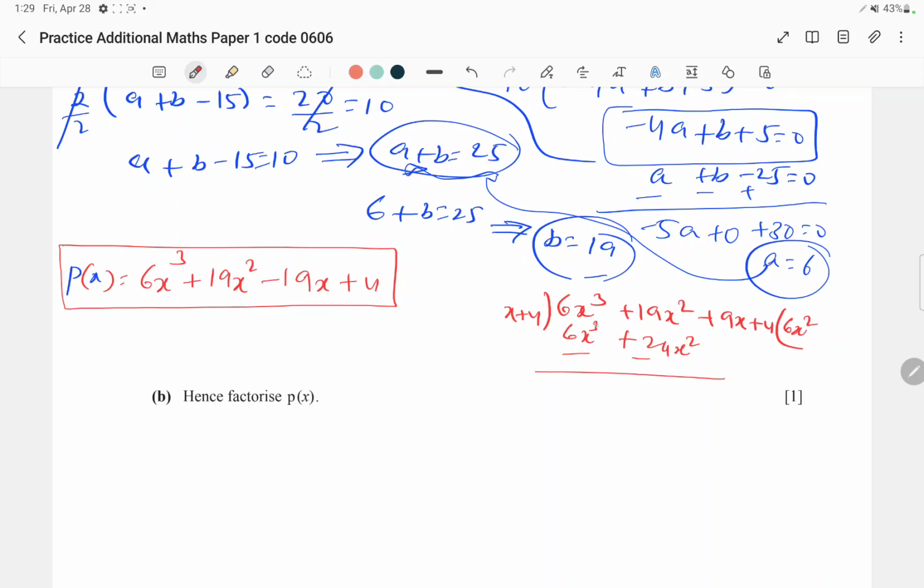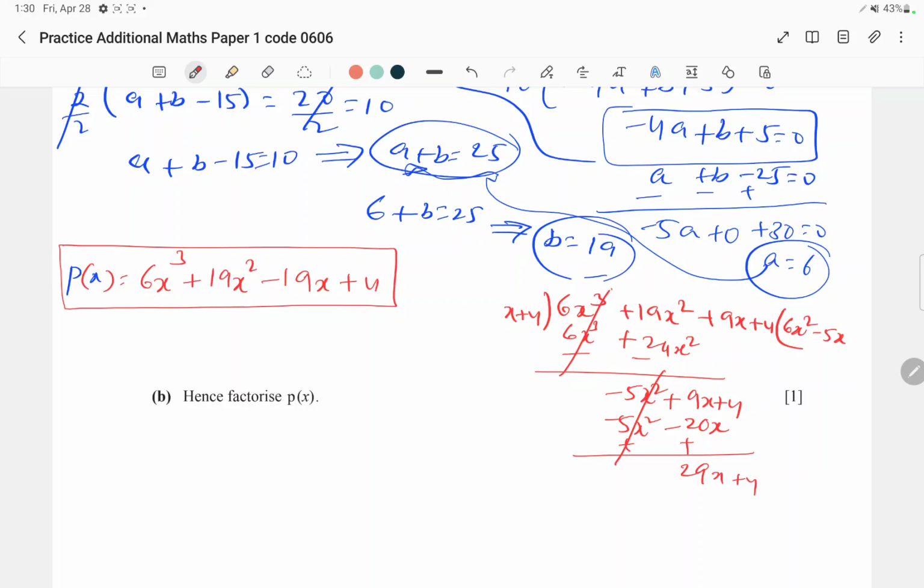Then we will subtract, it got cancelled. So 19x squared minus 24x squared is minus 5x squared, and here we have 9x plus 4. So minus 5x squared over x is minus 5x. Now minus 5x times x is minus 5x squared, minus 5x times 4 is minus 20x. So this is plus, got cancelled. So 9x plus 20x is 29x plus 4.